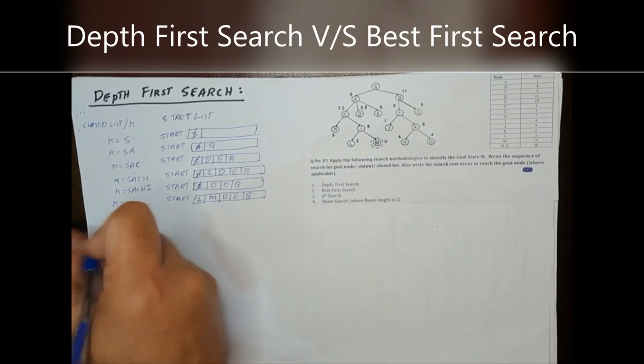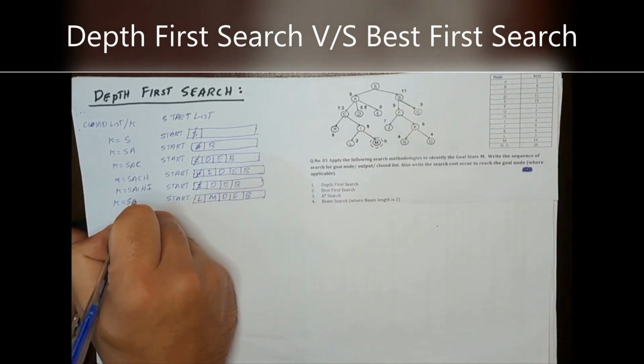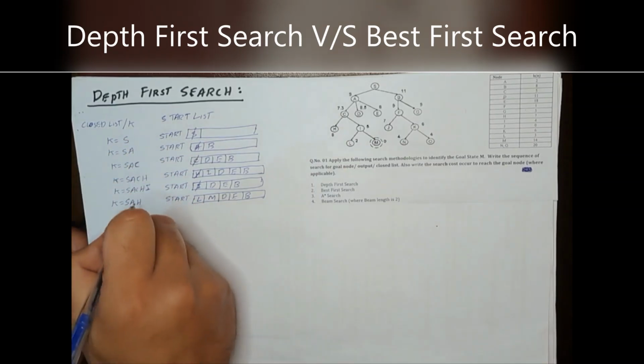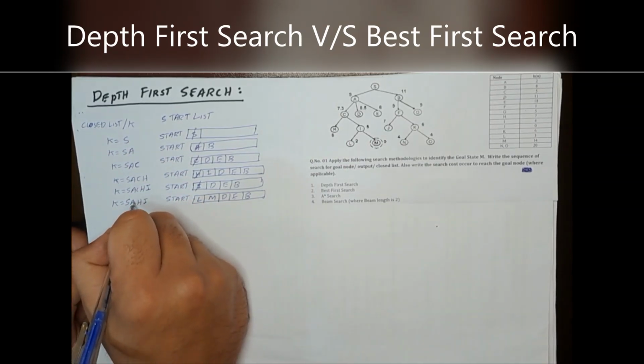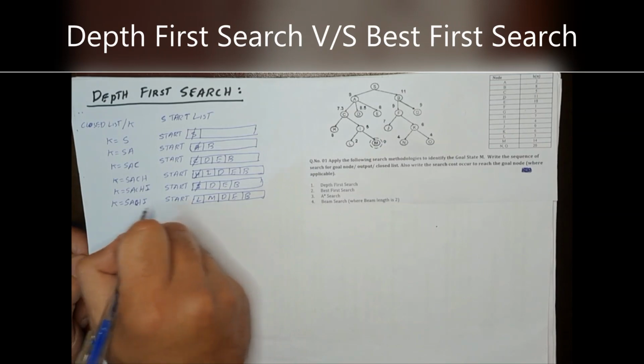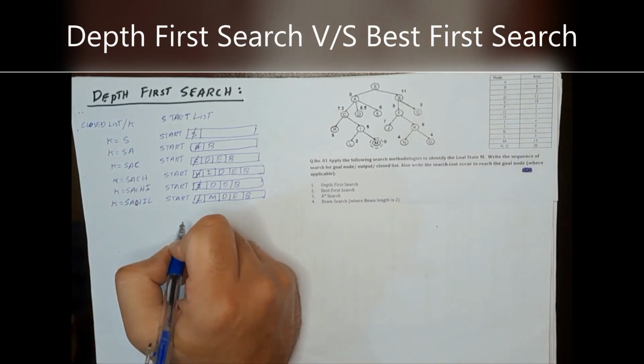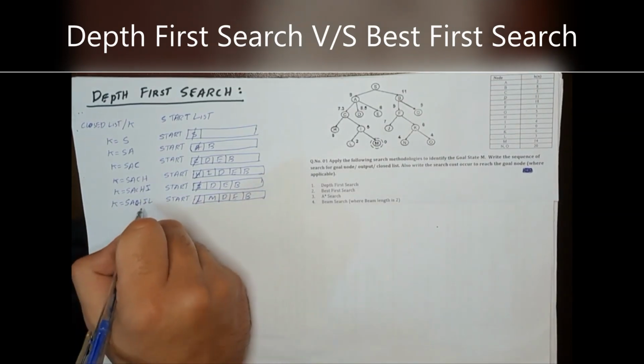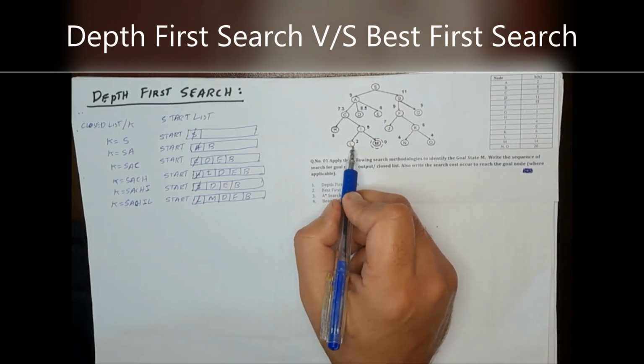Now during the next iteration, the new value of this variable or this closed list is S, A, C, I, J, L. L will be removed from the start and will move to this closed list. Does L have a child node?